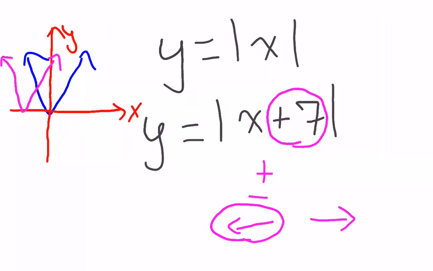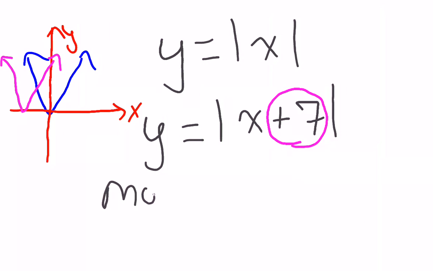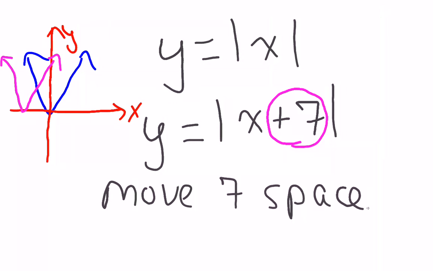So when the question says, what describes how to translate the graph y equals absolute value of x to obtain the graph of y equals absolute value of x plus 7, all we would have to do is simply write down that it is going to move 7 spaces to the left.